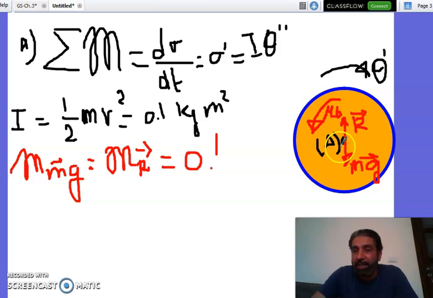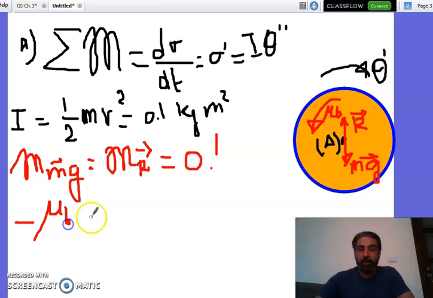Because both forces intersect the axis of rotation. So we have only the moment of the braking couple, and it is opposite to motion, so it is negative.